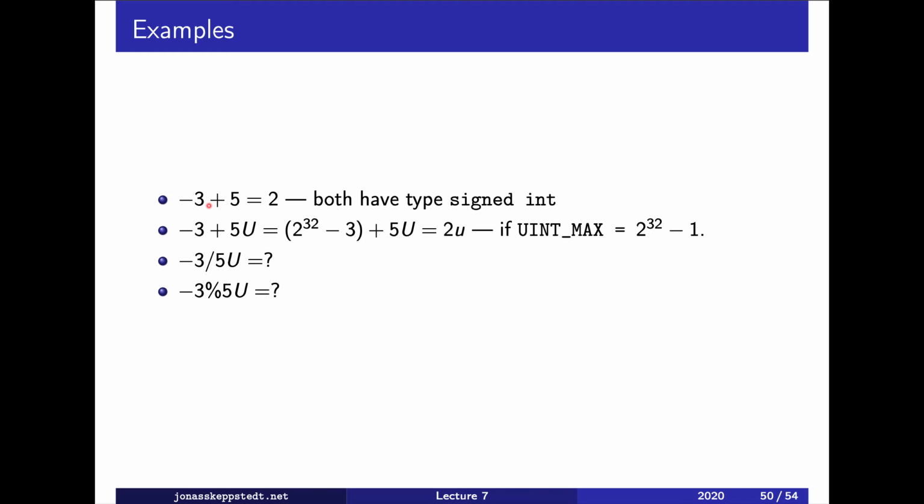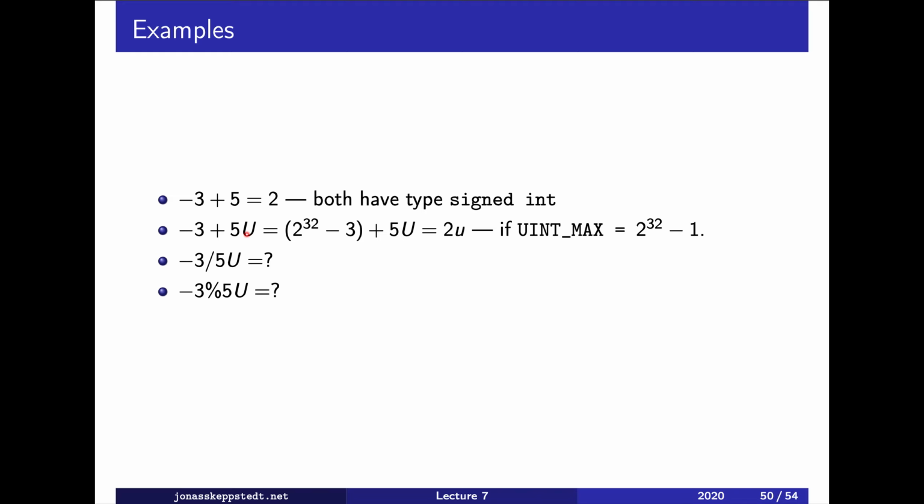If we have -3 plus 5, then both are signed int, so the result is easy to see. If instead one is unsigned, we write a u as a suffix to make it unsigned.